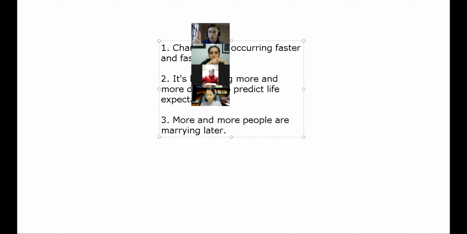Why does sentence two use more and more? Let me repeat my question. Why does sentence two use more and more? Modify the adjective.